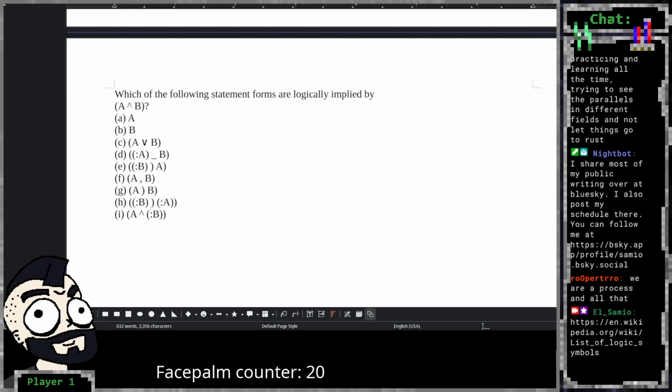D is not A or B. This is not B implies A. At this point, I can omit some of the parentheses.